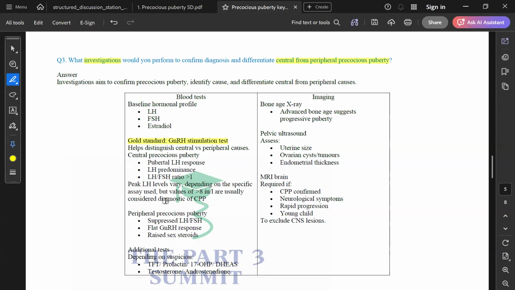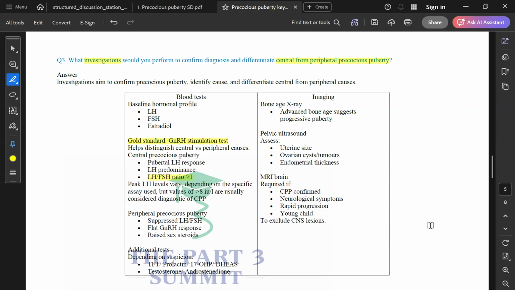And what response are you expecting when you see central precocious puberty? This you would need to highlight. If the LH to FSH ratio is more than 1, it is suggestive of central precocious puberty, and at that particular age, if I see this response, this is diagnostic of central precocious puberty. So this is how you would need to be telling the answer.